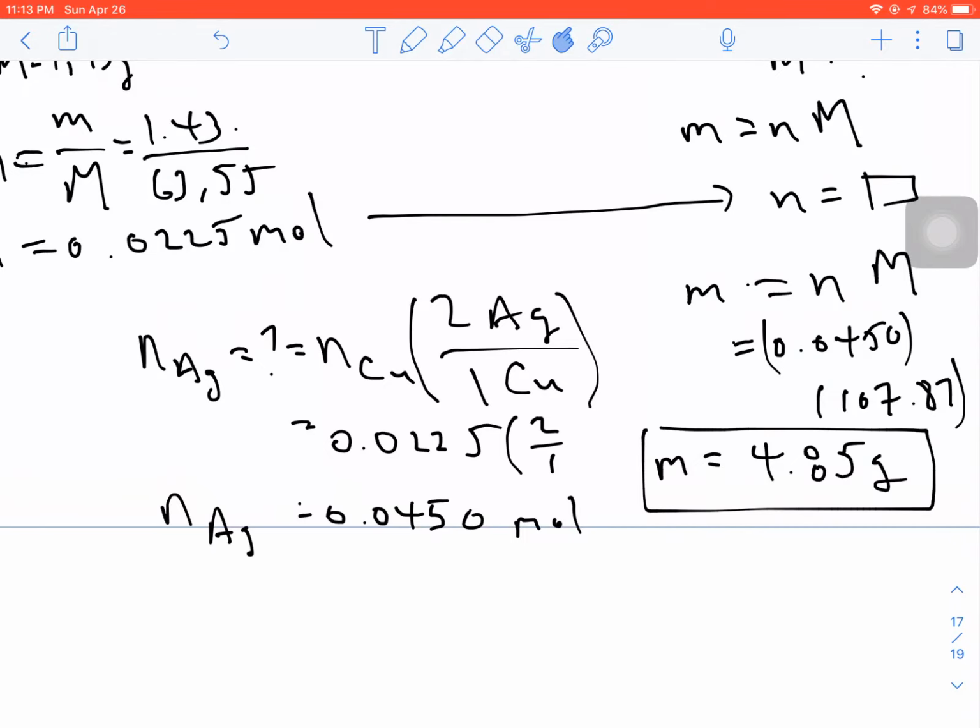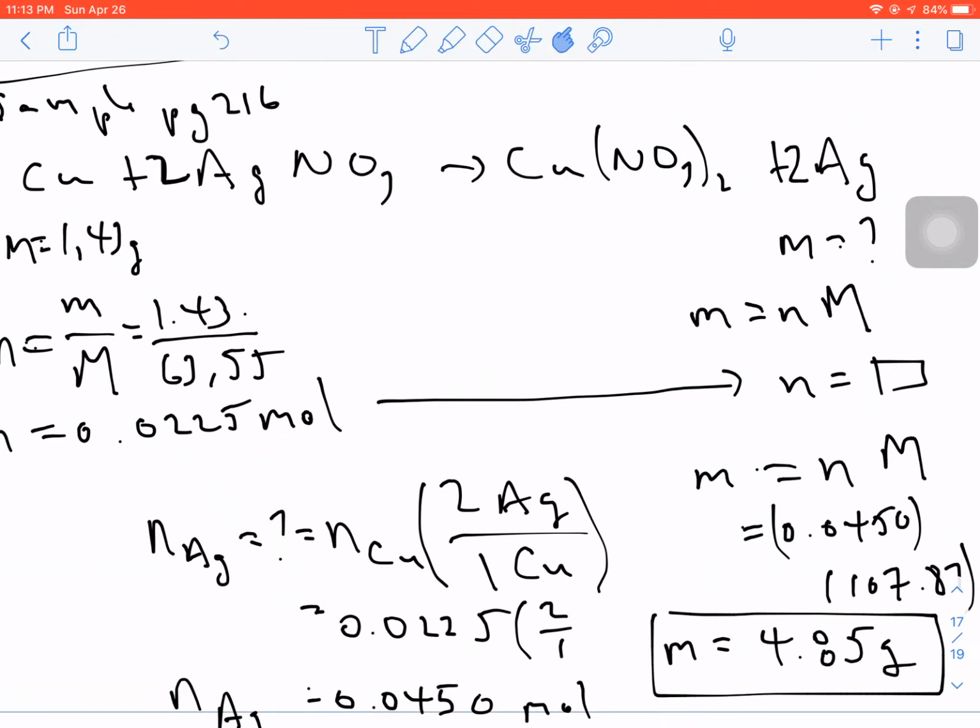Okay, so if we go back up the page here a little bit, we'll see that we started with our copper and silver in our reaction. We started with a known mass of copper and an unknown mass of silver. Remember my first step, step 1, balance my equation. Step 2 said calculate the mass of your known to moles. So I did that here.